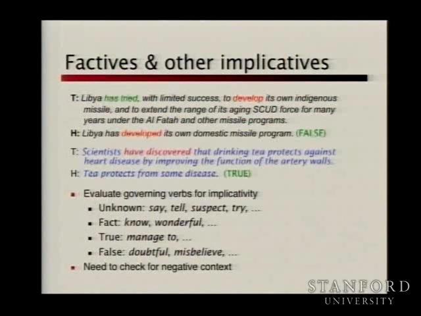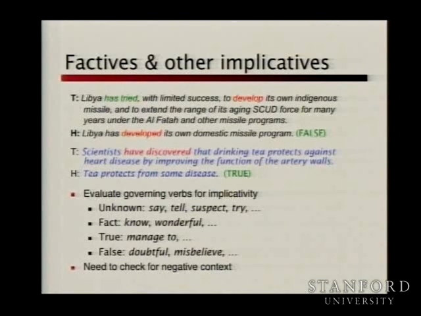I already gave one example where if you're embedding in a context like somebody denied something, it shouldn't go through. That actually happens quite a lot in real examples. So you have a sentence like, Libya has tried with limited success to develop its own indigenous missile and to extend the range of its aging Scud force for many years under the Alpha Tower and other missile programs.